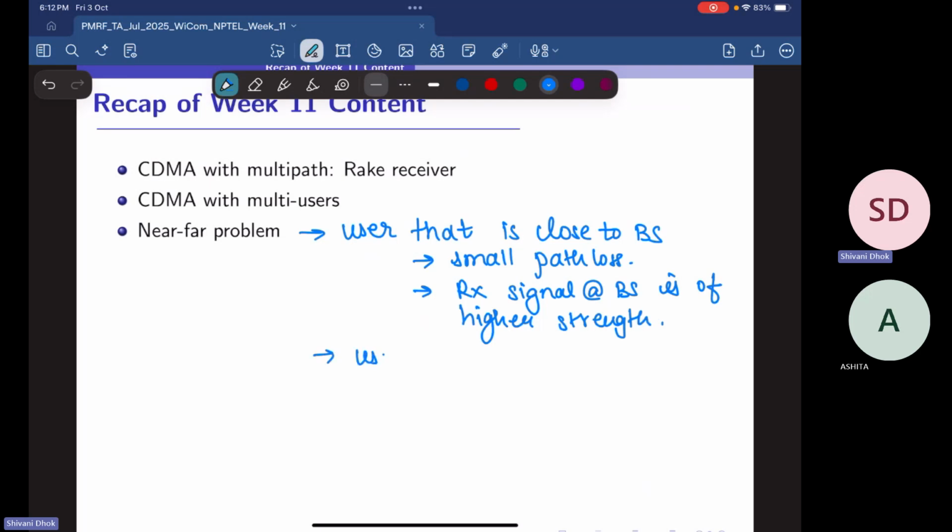But the user that is far from the base station experiences a larger path loss and a smaller, lower received signal strength.